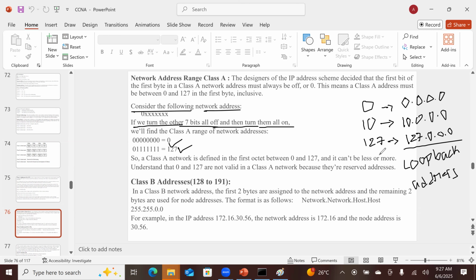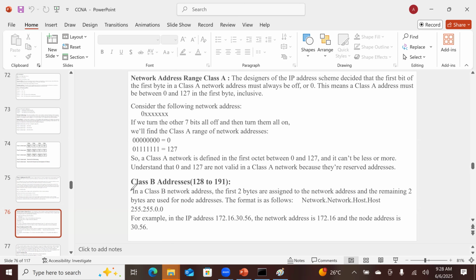Where 0 is a network address for all the 4.3 billion IP addresses, 10 is a private IP address range from class A, and 127 network is a loopback address range. Clear? It will go up to 127.255.255.255. Clear? Understood? Yes.